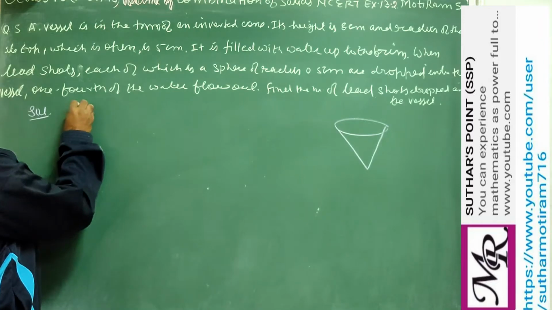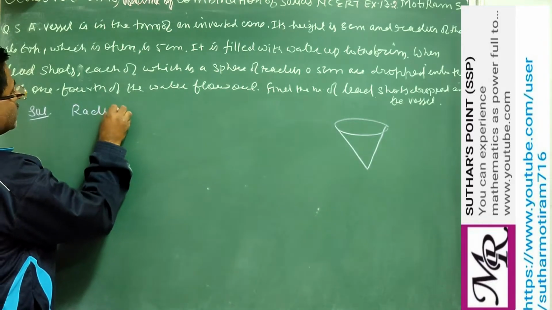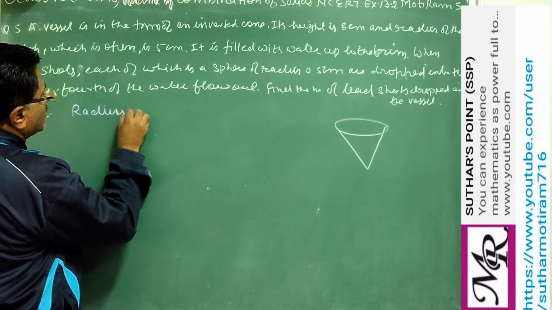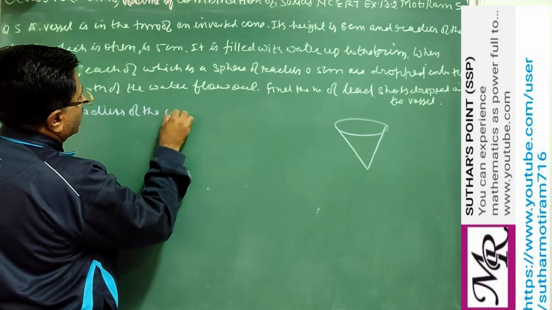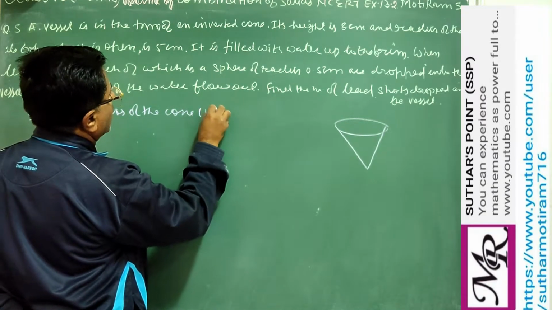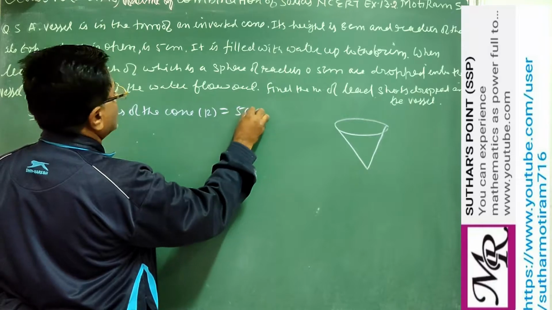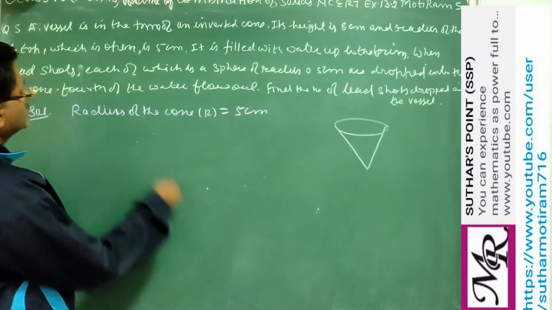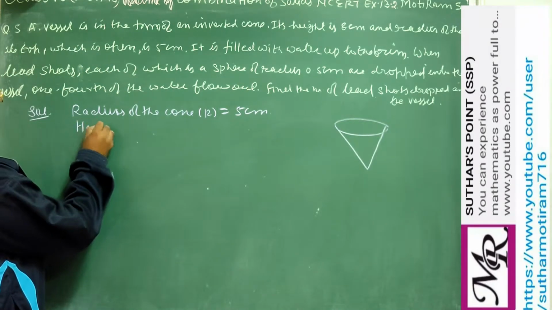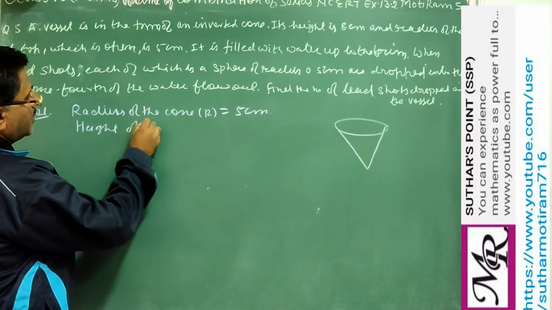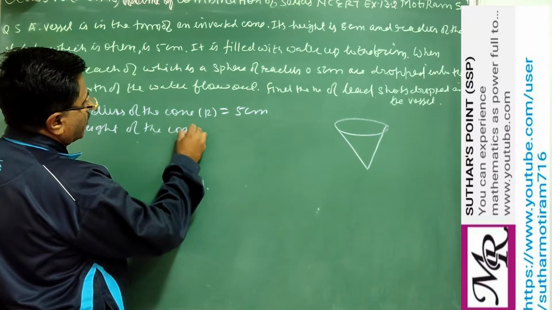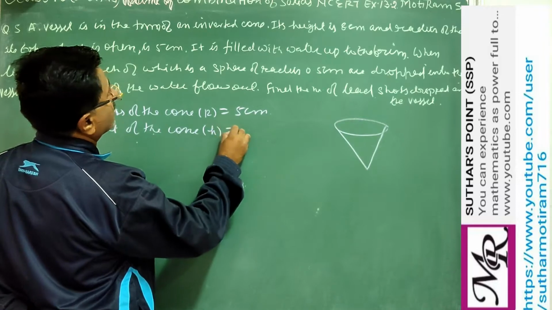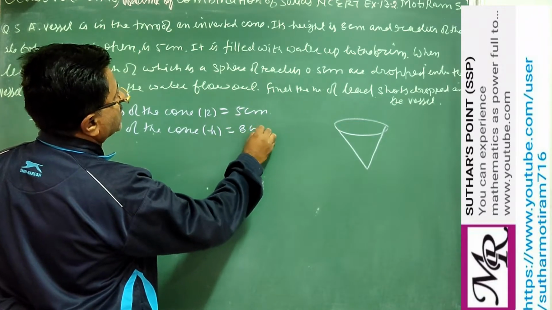So here solution: radius of the cone, capital R, is equal to 5 centimeter, and height H is equal to 8 centimeter.